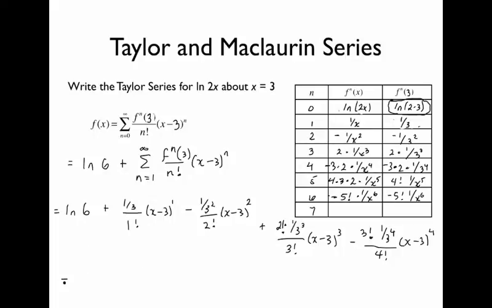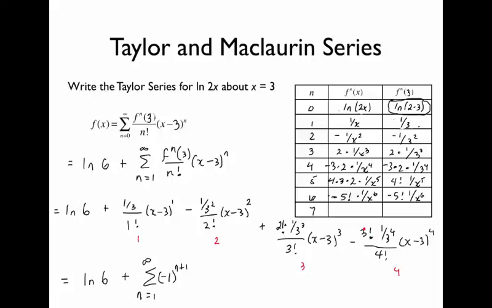Okay, so if we want to write what the formula is, it's going to be ln of 6 plus the sum, we're alternating, starting with n equals 1. And we want it to be positive first, so we want n plus 1, so that when the n's are odd, we get positives, and when the n's are even, we get negative. So n equals 1, 2, 3, 4. Let's look at the 4th term.